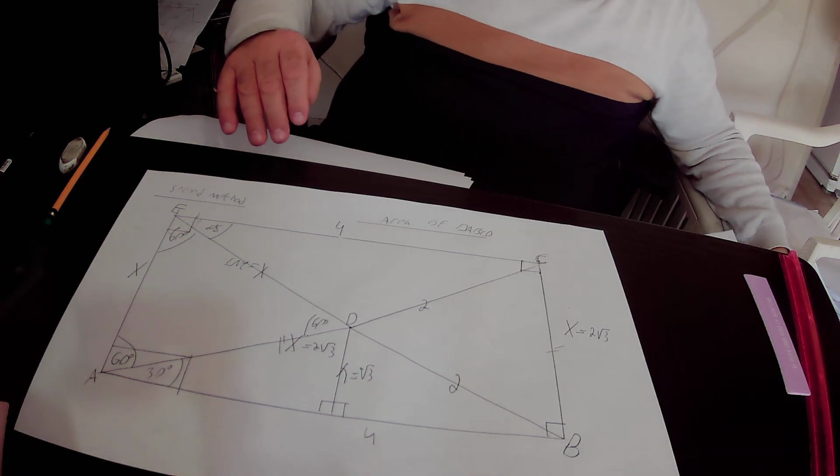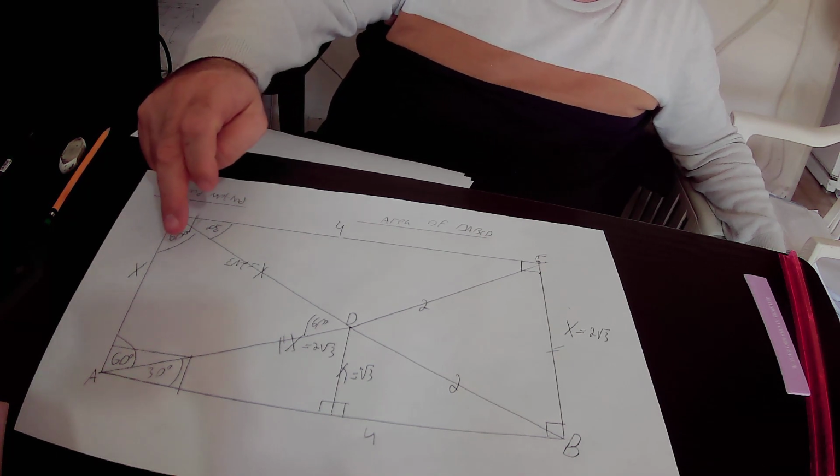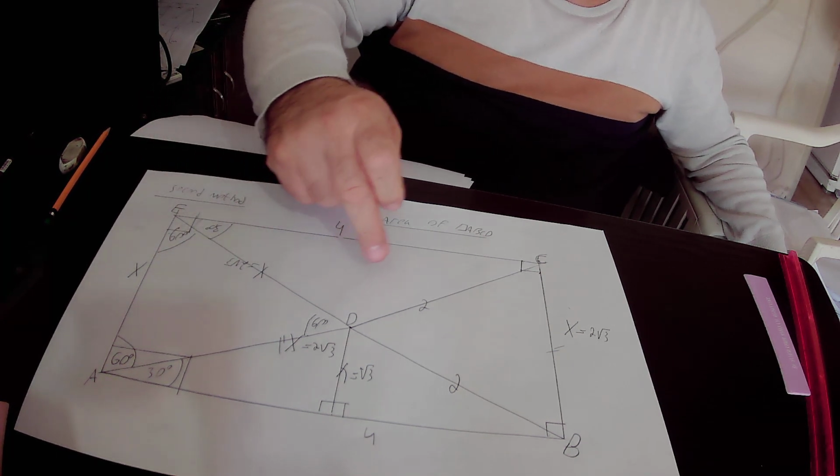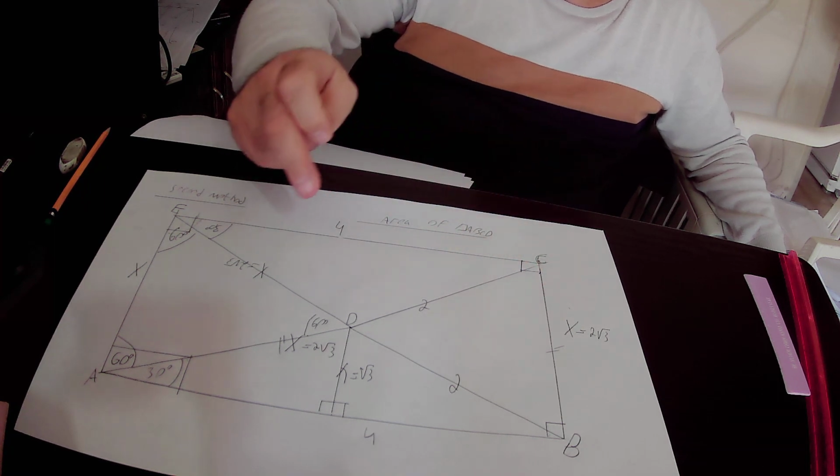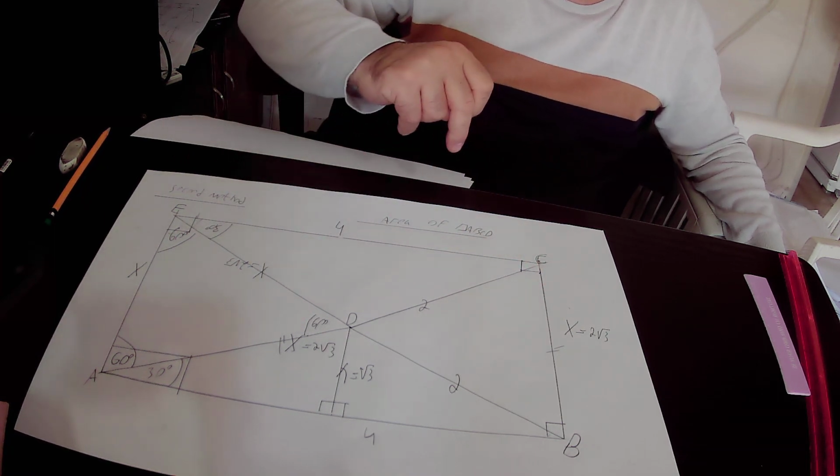We know that AD is equal to CB and CB equals X, so AD also must be equal to X.